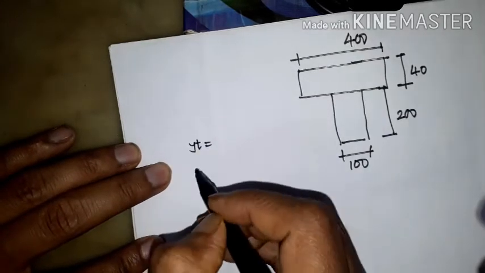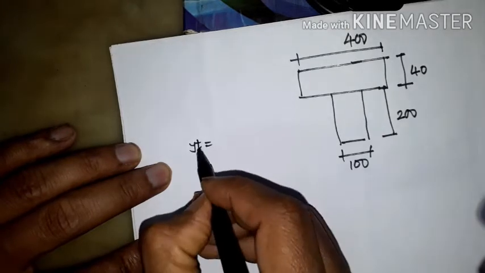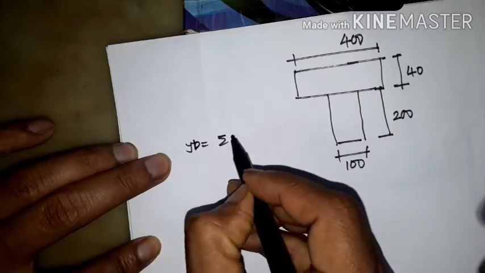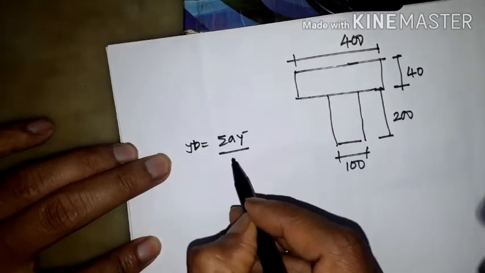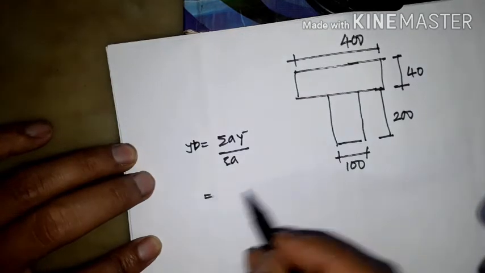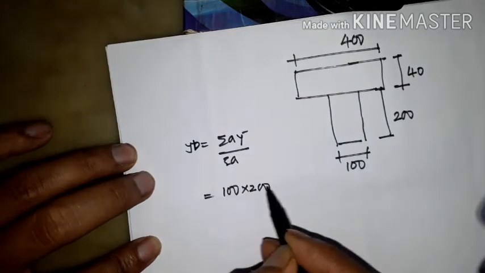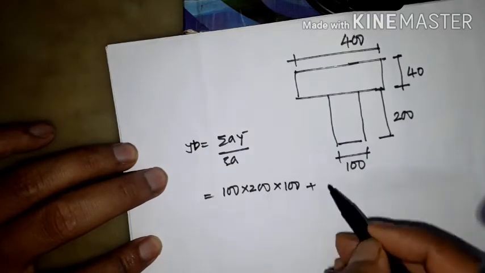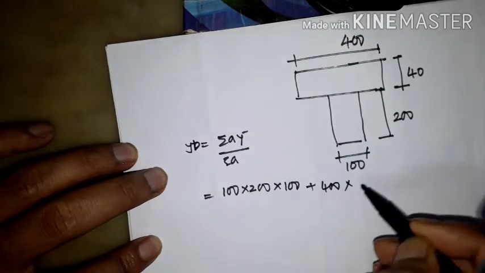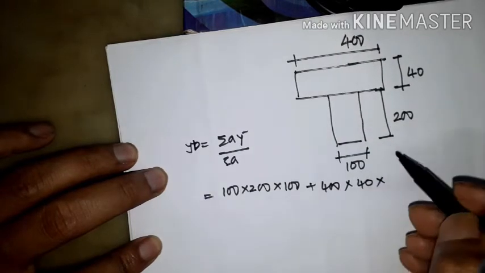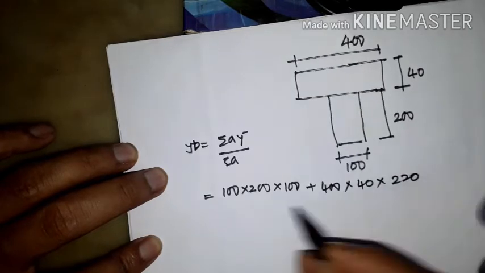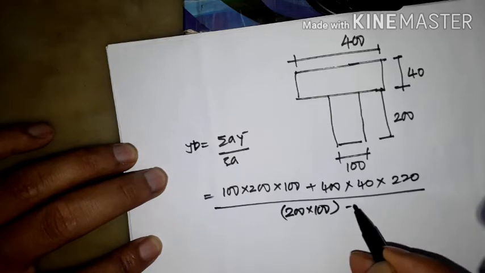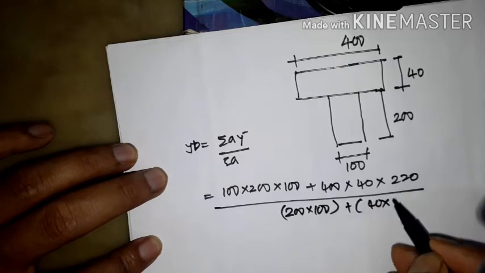I will calculate with respect to the bottom. That is summation of A Y bar divided by summation of A. So 100 into 200 into 100 plus 400 into 40 into 220, from bottom it is 200 plus 20, divided by area, 200 into 100 plus 40 into 400.